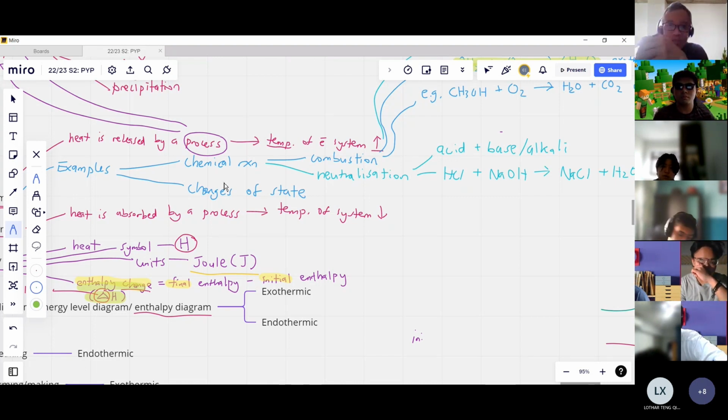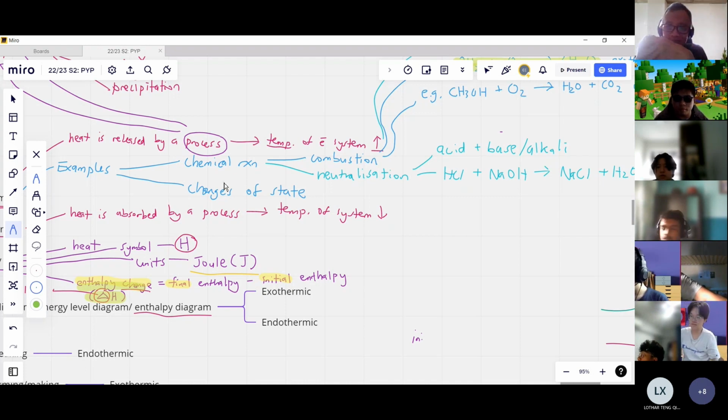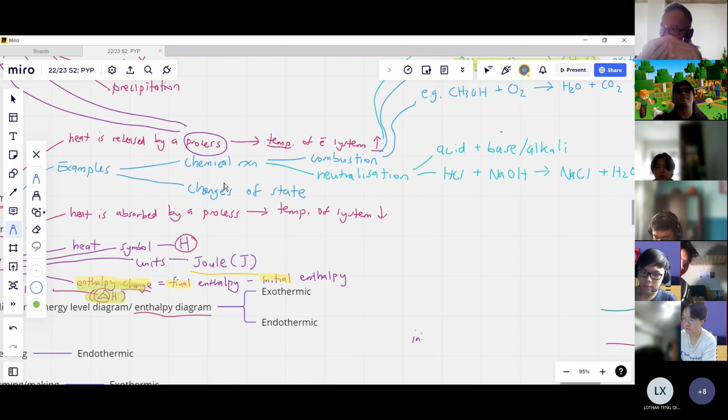So when is heat released? It's not so obvious, because you probably won't be there to observe the temperature or something like that. Let me try to gather my thoughts. This one can be a bit tricky because the temperature may not change.